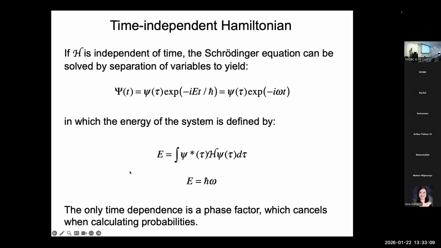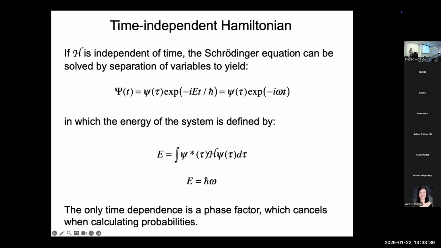And then if this Hamiltonian is independent of time, there's an important result that says that the solution can be factored into a part that just depends on coordinates of the system and a part that depends on time and energy. And E over h bar is a frequency.